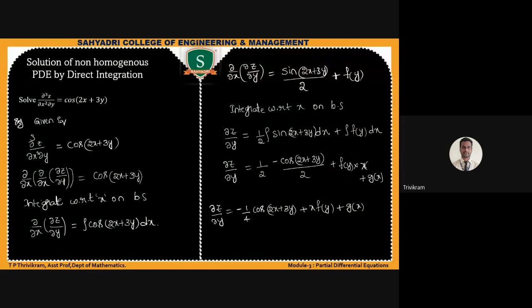Now finally one more derivative with respect to y is there. So if you want to vanish that y, we need to integrate on both sides again with respect to y. So if you integrate with respect to y on both sides, what happens?